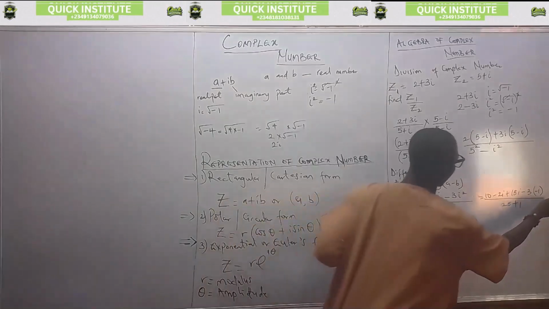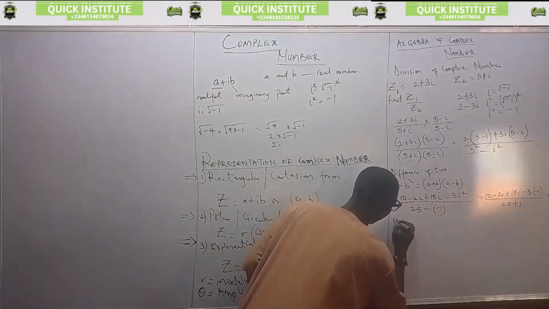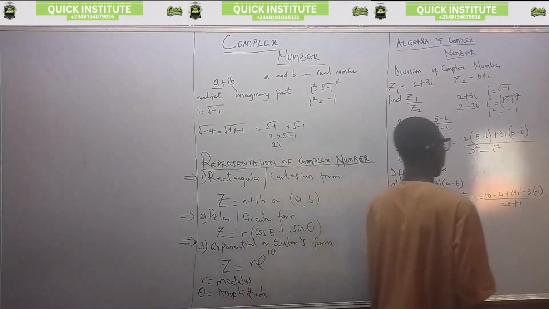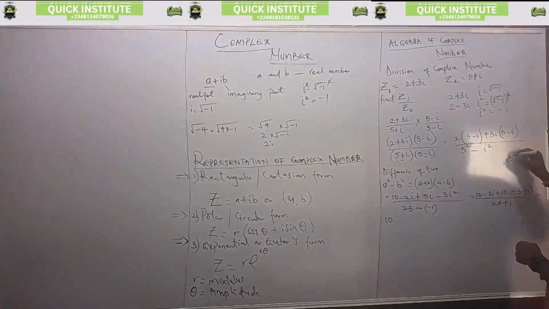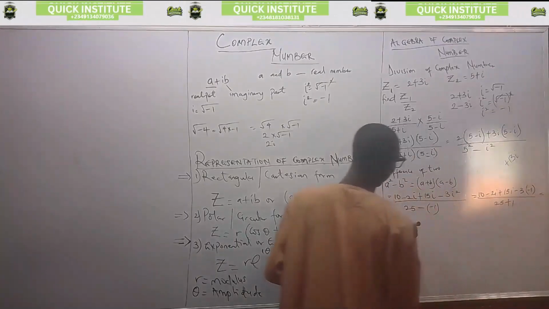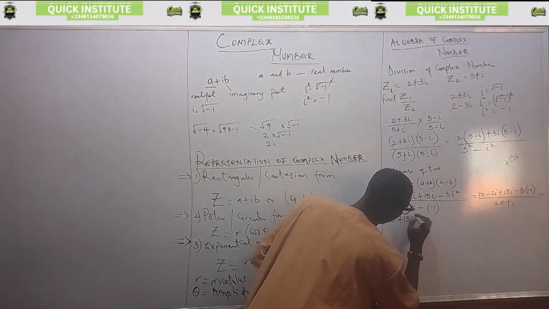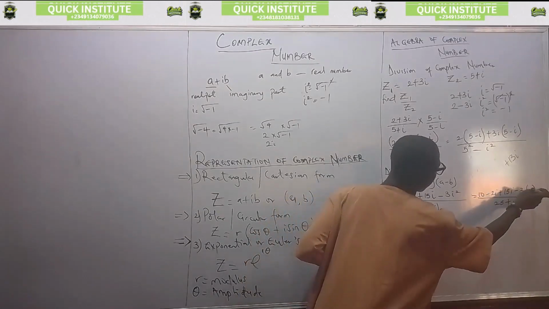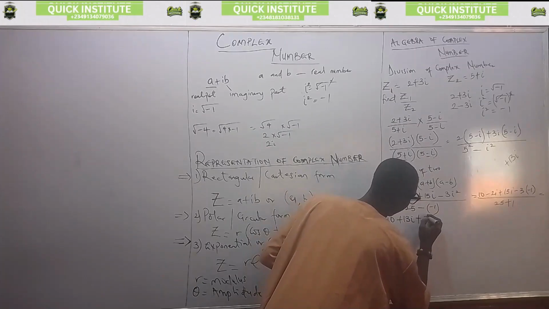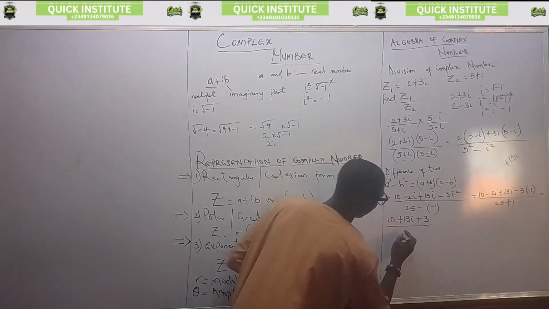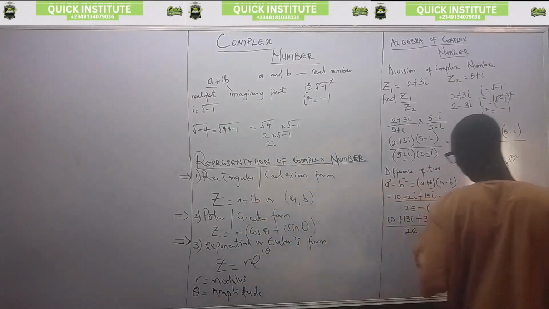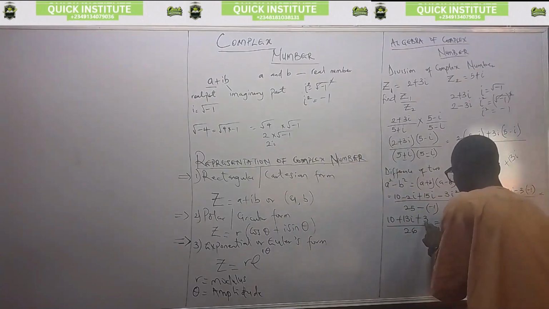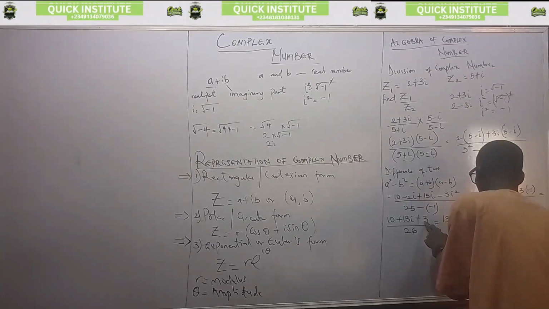From here, 10 minus 2i plus 15i gives plus 13i, then minus 3 times minus 1 is plus 3, over 26. That equals 10 plus 3, which is 13, plus 13i over 26.